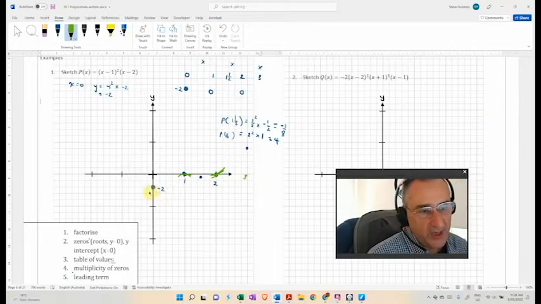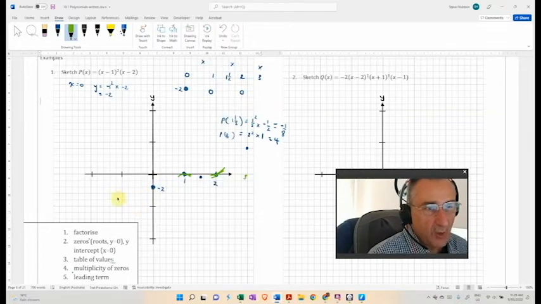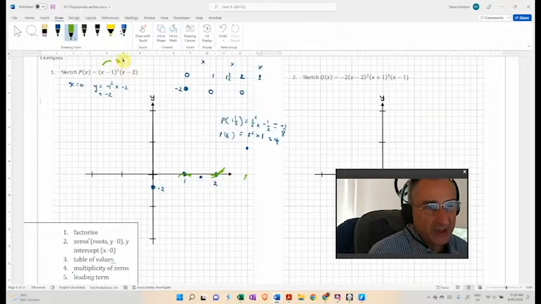And what do we know on the x is negative on the left side? Well, what's the leading term? Let's have a look at the leading term here. x squared times x. The leading term is x cubed. So we know that it's going to be negative if x is negative, and it's going to be positive as x increases, just like an x cubed.